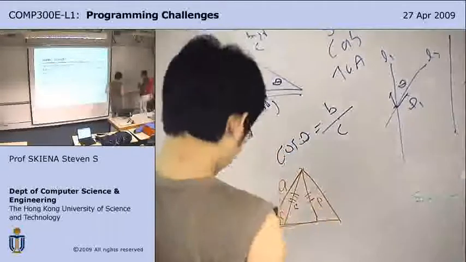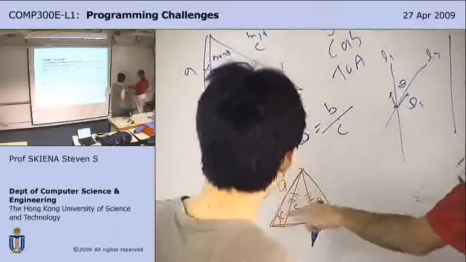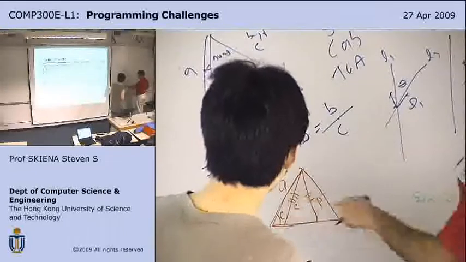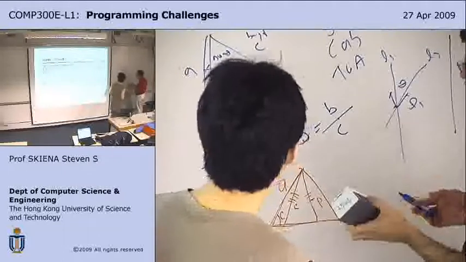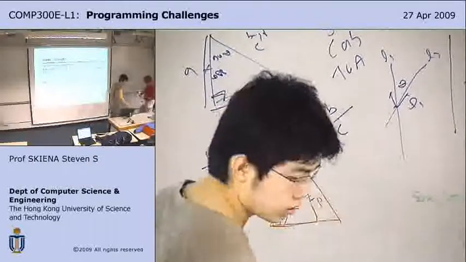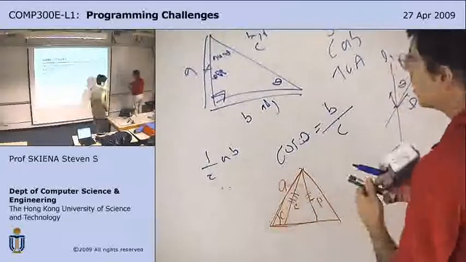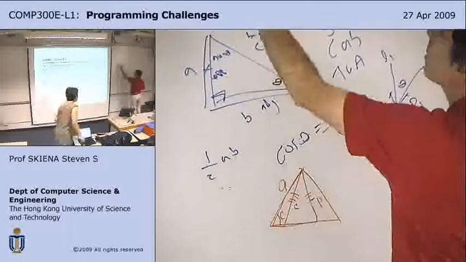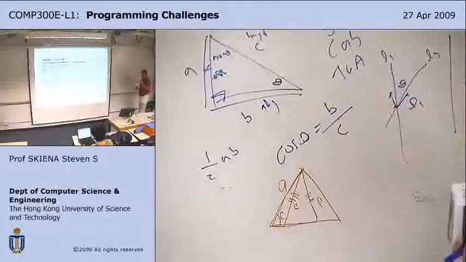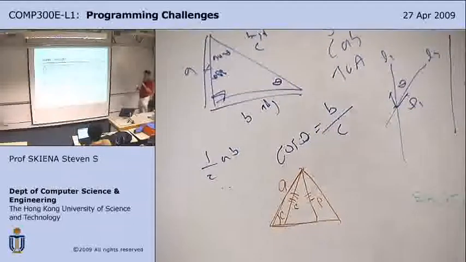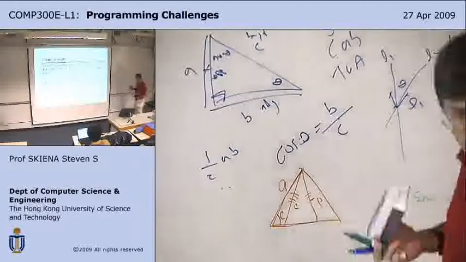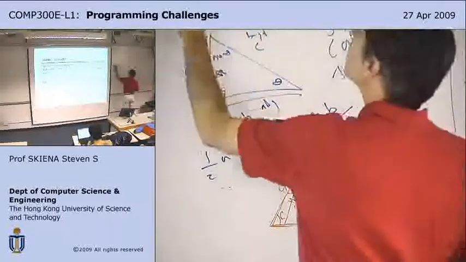Okay. Wait, so let's just take a look. C is so small that it's enough for 2 triangles. So let's go back here and take a look at the example. My original example was that I had, well, what was wrong with the reasoning that we gave? Let's think about this. Let's forget about what I had colored here.